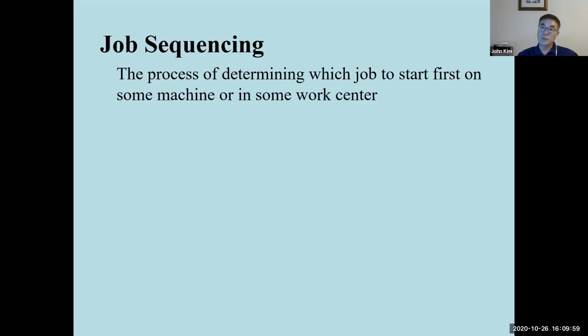Job sequencing, the process of determining which job to start first on some machine or in some work center. So if there are multiple works, then determine which works first and then second and so on. That is job sequencing.